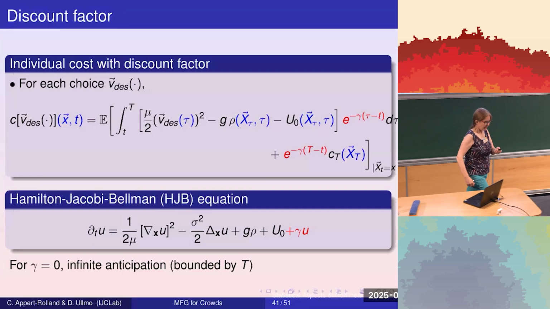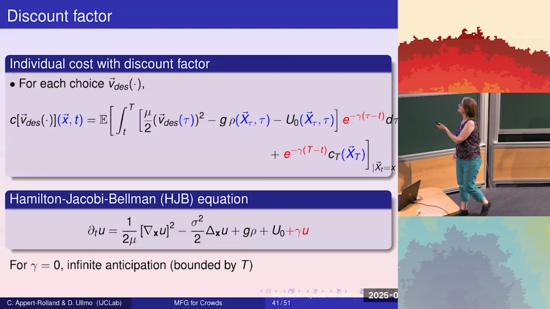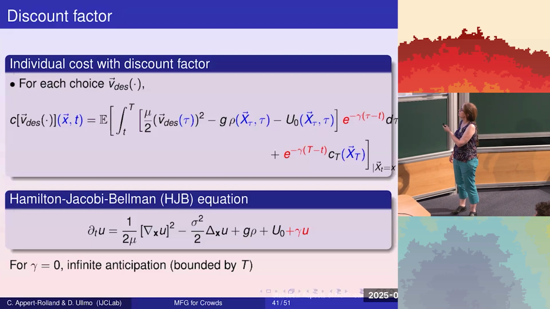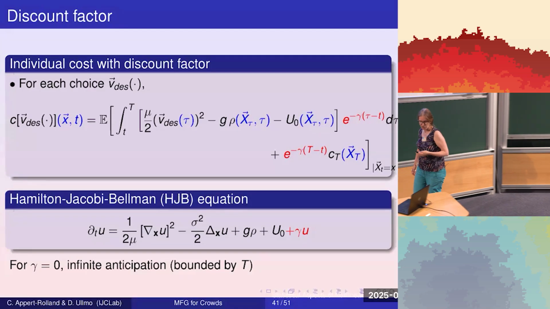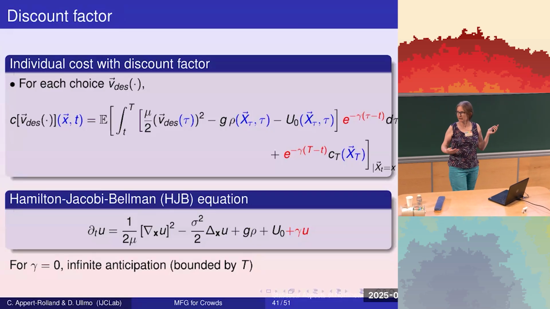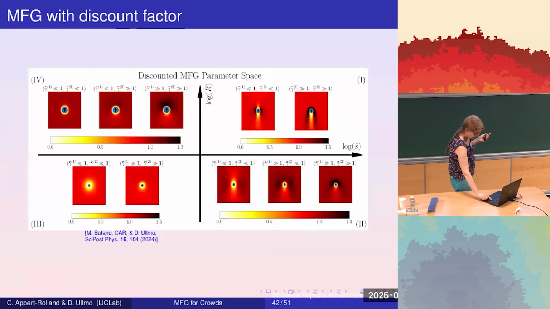And so it changes only the equation for u. It will add a gamma u. It seems quite a minor change. And for gamma equals 0, we recover the previous case.